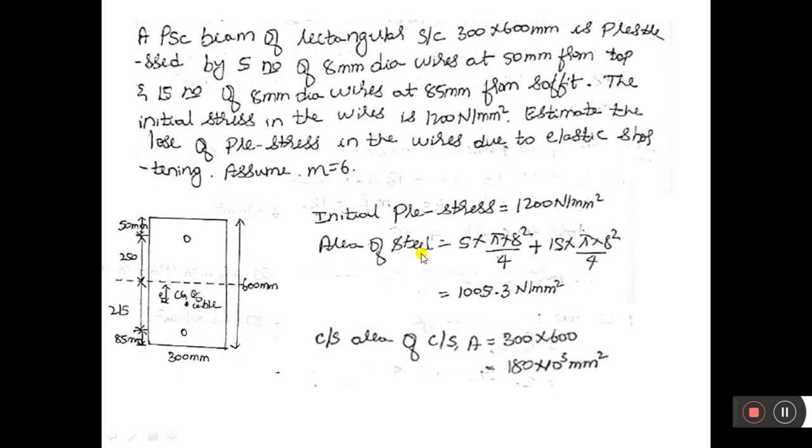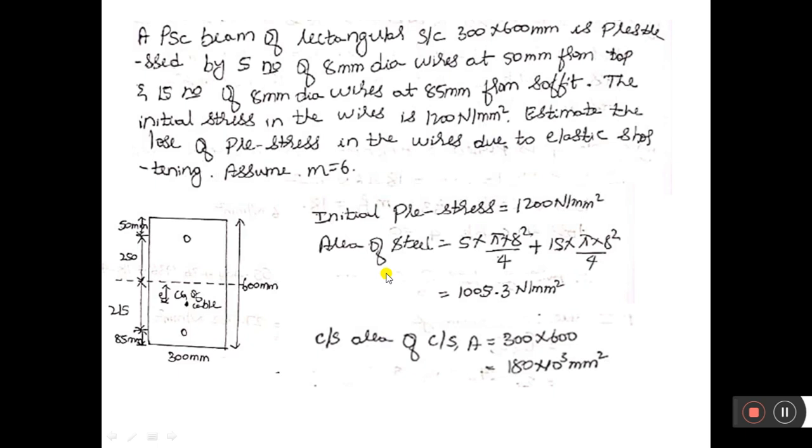So area of steel is equal to 5 numbers of wires and diameter of each wire is 8, so 5 into pi into 8 square by 4, plus 15 numbers of wires with a diameter of each wire 8 for the bottom cable.